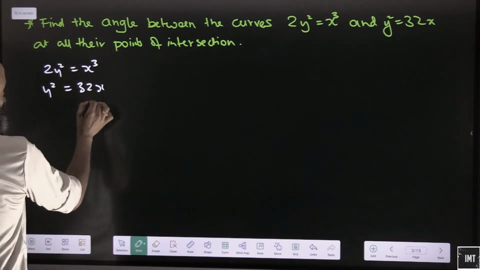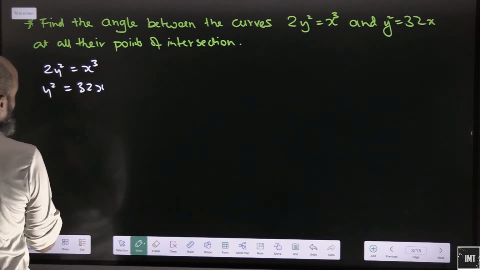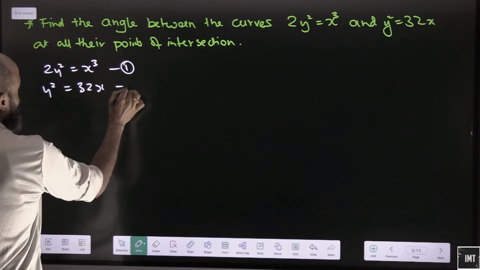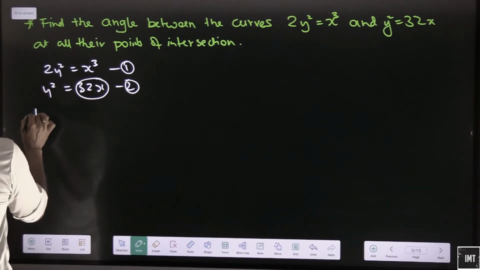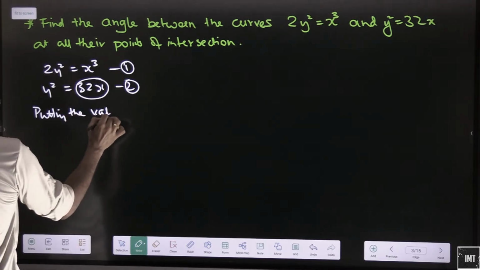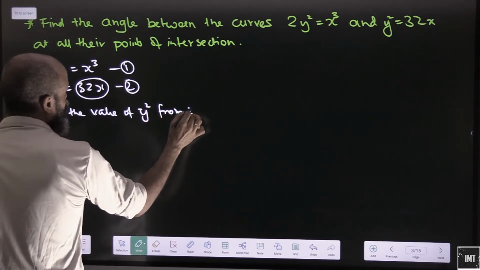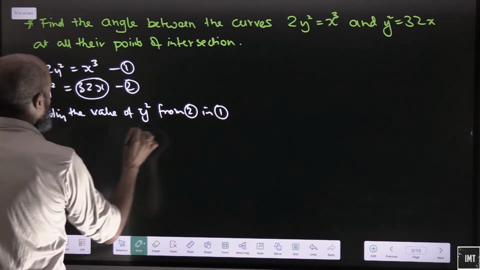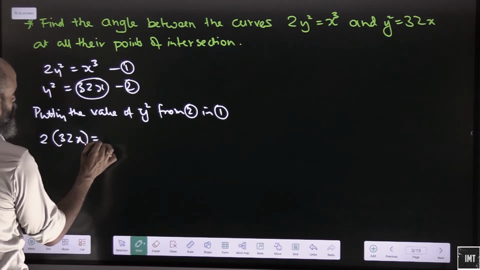So this is equation 1 and this is equation 2. Putting the value of y square from 2 in 1, we have 2 into 32x is equal to x cube.